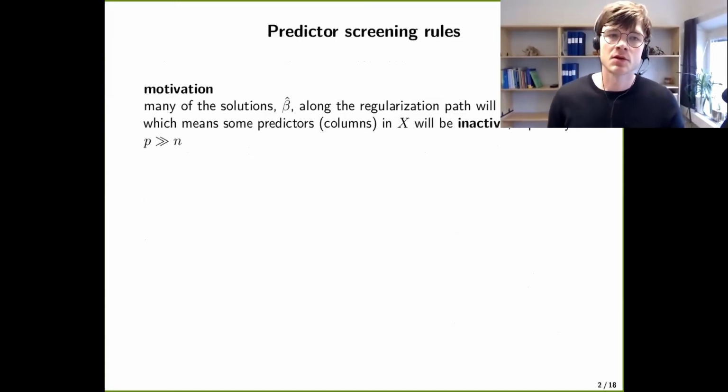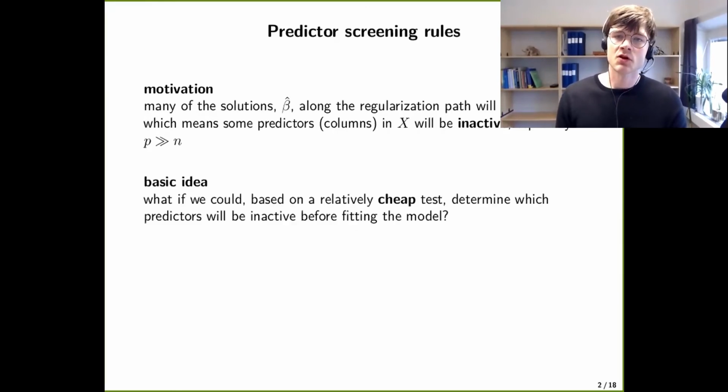Now the motivation for predictor screening rules in general is that we already know from the get-go that many of the coefficients along the regularization path will be sparse, which means that the columns of X, the predictors in X, will be inactive. So we can actually solve a much smaller problem and still solve the whole problem, so to speak.